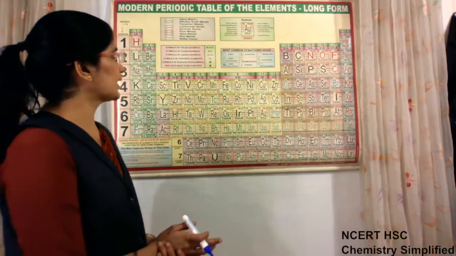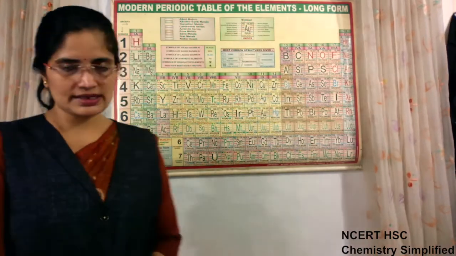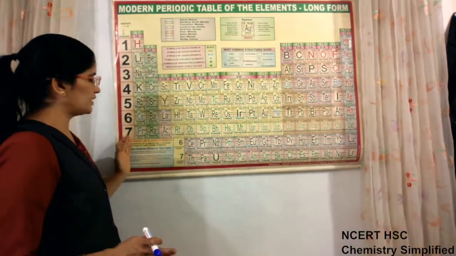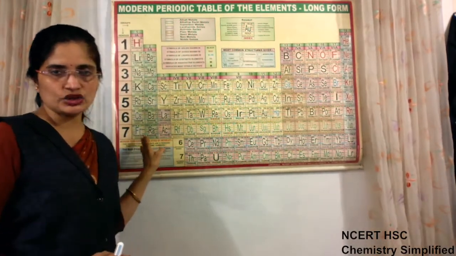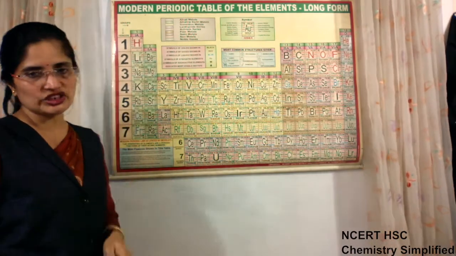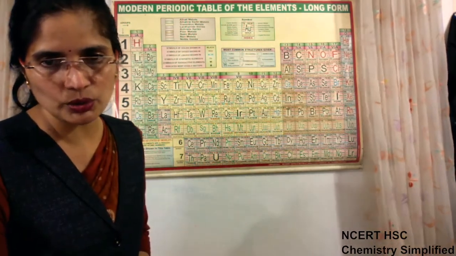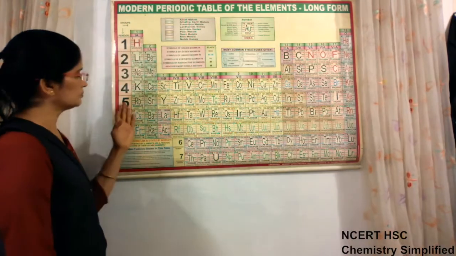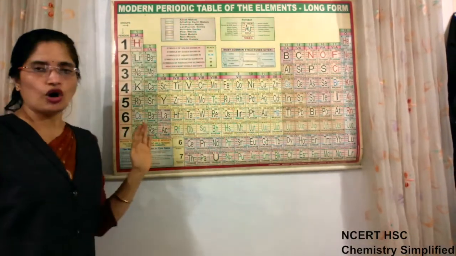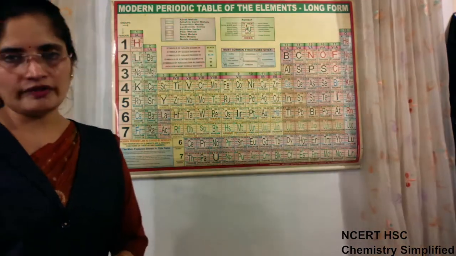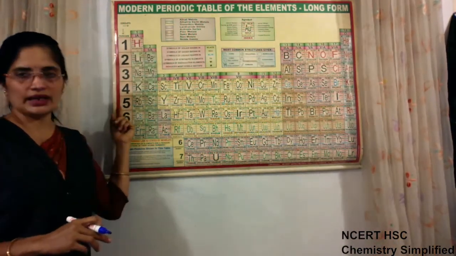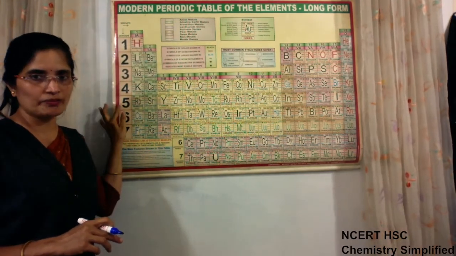Now we come again to the periodic table we were discussing. We had discussed that the number of the period indicates the principal shell in which the electron goes in these particular periods. Also I told that S and P always correspond to the main principal shell or the number of the period.